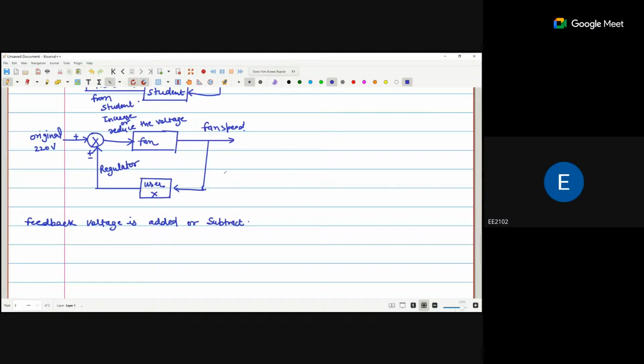Okay, added or subtracted. If the feedback voltage is added, that means input and feedback are in the same phase.